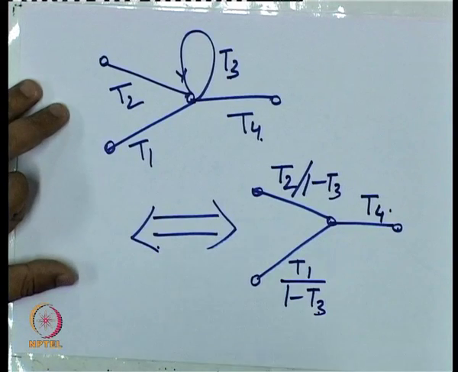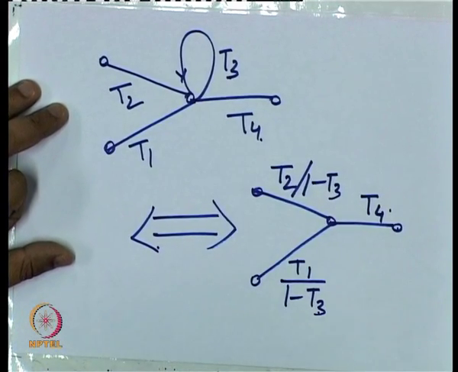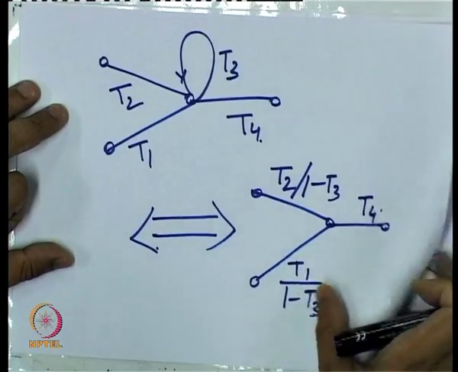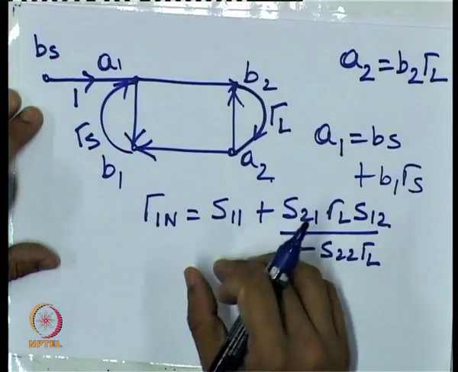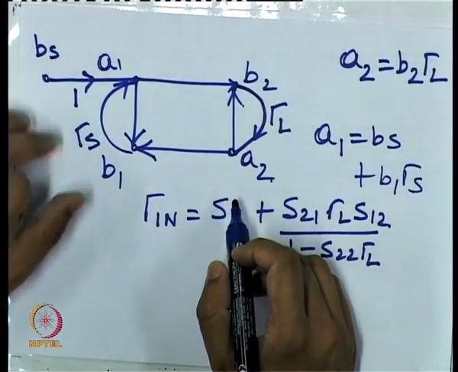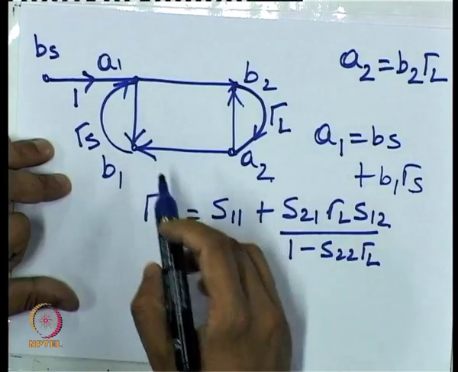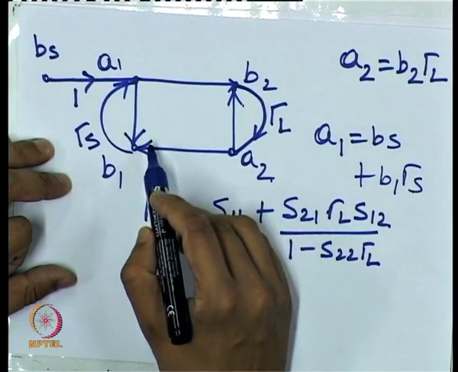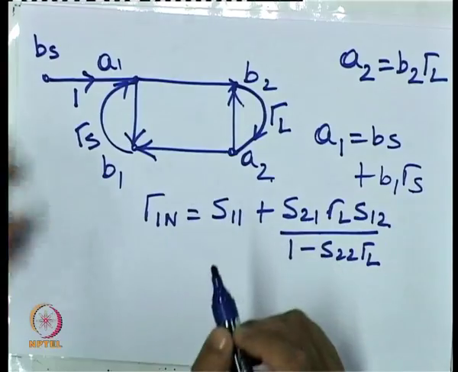So, now let us go back to the original signal flow graph diagram for the two-port network that we had discussed a few moments ago, and see whether we can decompose the signal flow graph diagram and obtain the simplified version of it. So this was the signal flow graph diagram that I had discussed a few minutes ago.